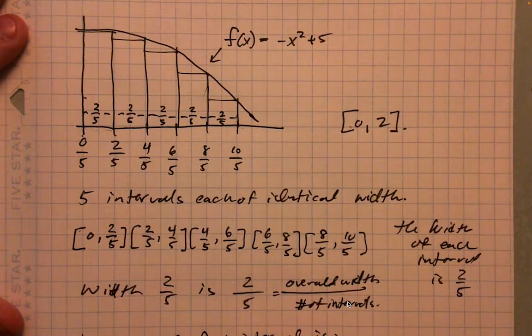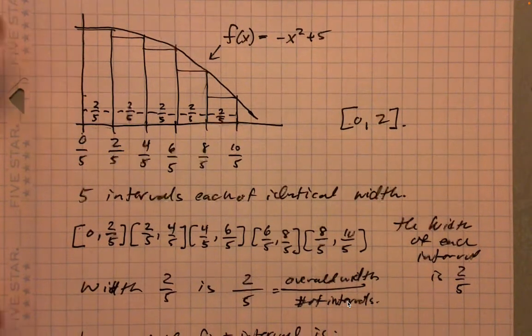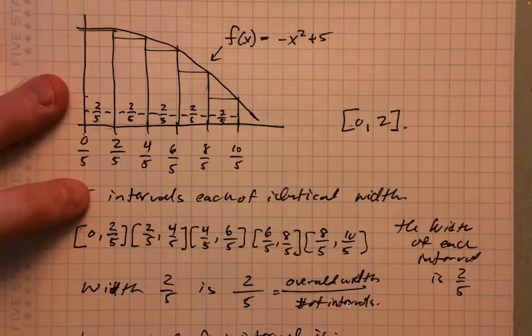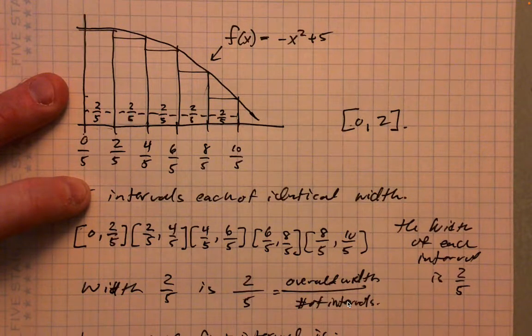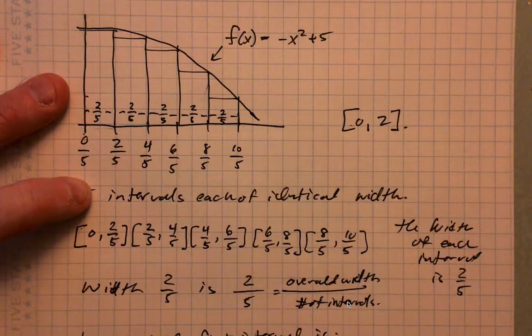That would be negative 0 squared plus 5, which is easy, 5.